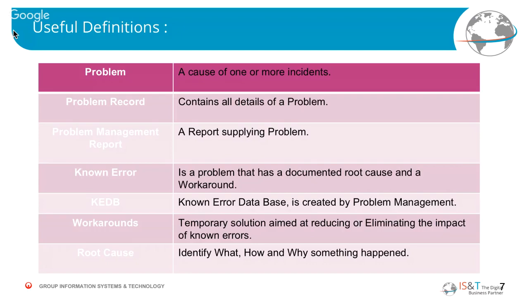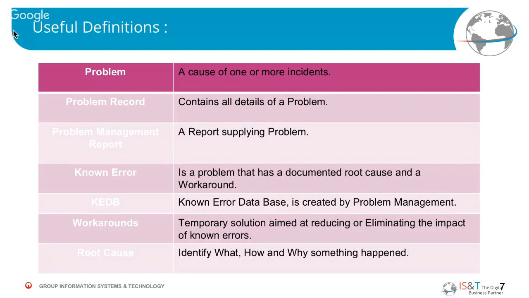The known error. The known error is also a problem, a problem that has a documented root cause and a workaround. Each known error is recorded in the KEDB. So what is the KEDB? The KEDB is the known error database. It's created by problem management and used by incident and problem management to manage all known error records.